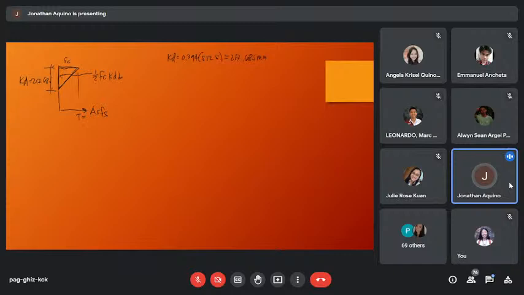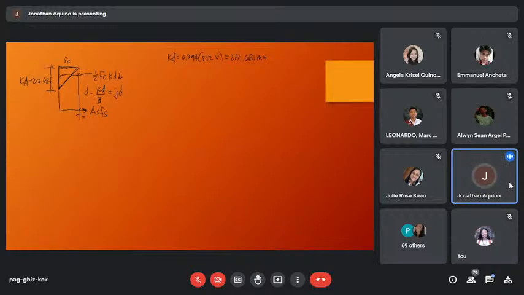So the lever arm is just simply equal to D minus KD over 3. Okay? Or just simply J times D.